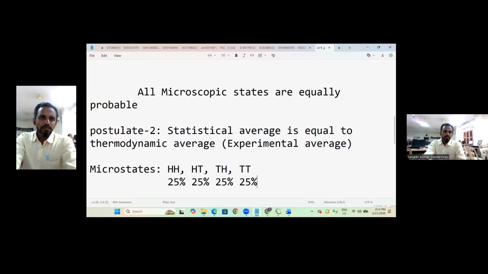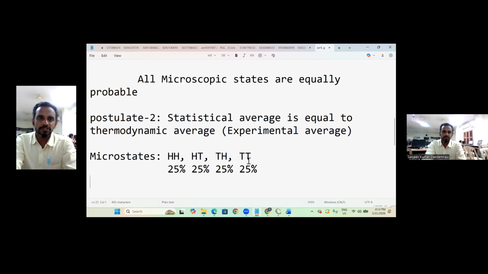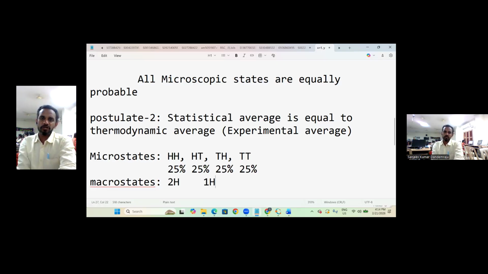Next one, macrostates. Macrostates means experimentally observable states. So what are the macrostates? We have two heads, which has one microstate. And we have the next possibility of one head, which has contributions from both head-tail and tail-head, and finally zero heads, which has contribution from only one microstate.